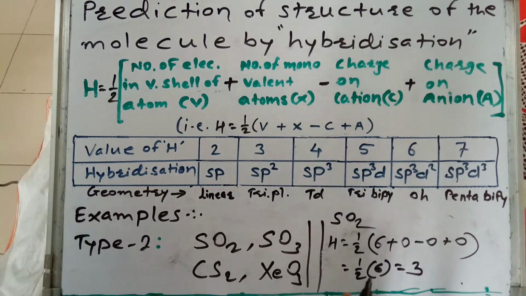So again the hybridization of this is sp2, the hybridization of this SO2. In this way we can find out the hybridization of CS2.